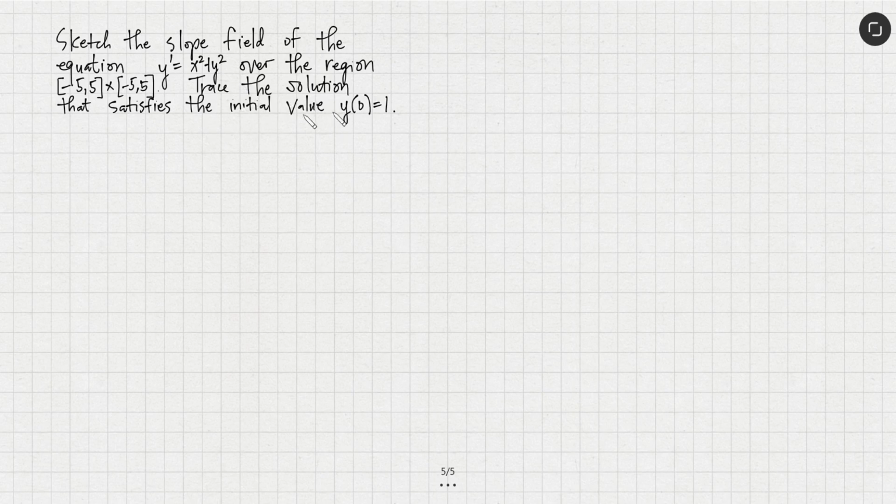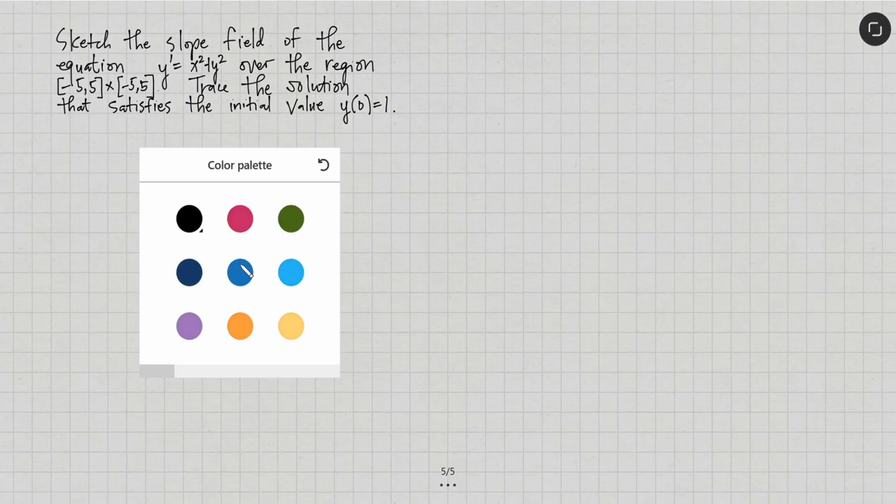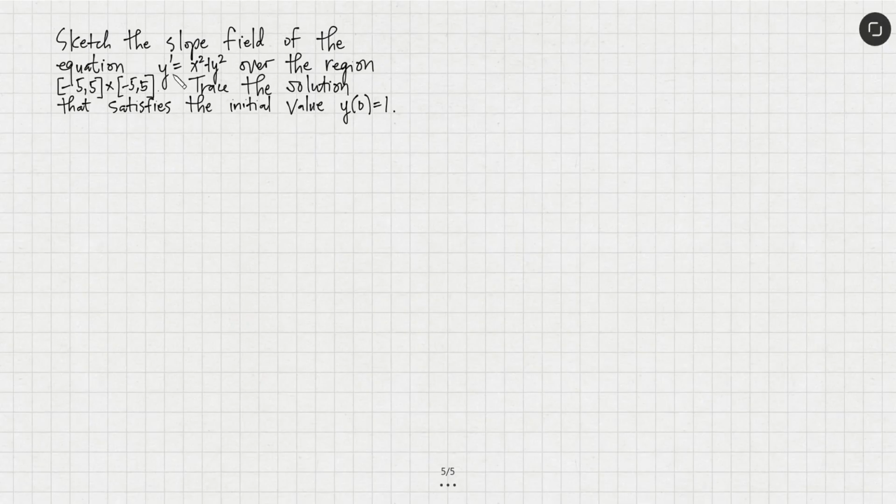Okay. So examine muna natin itong equation natin. Ano yung pinaka-efficient na method? Okay. Well, you can technically use the uniform grid method. That will work with any differential equation. But the most efficient method here would be to use isoclines.